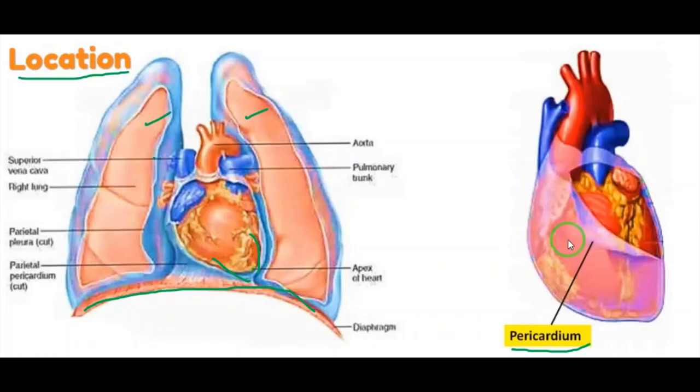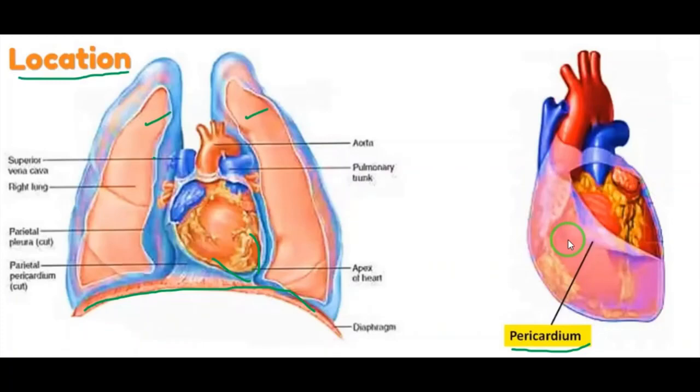One more function is that the pericardial fluid protects the heart from mechanical injuries. What is the meaning of mechanical injuries? For example, sometimes unknowingly we may dash against a wall or somebody may hit our chest.